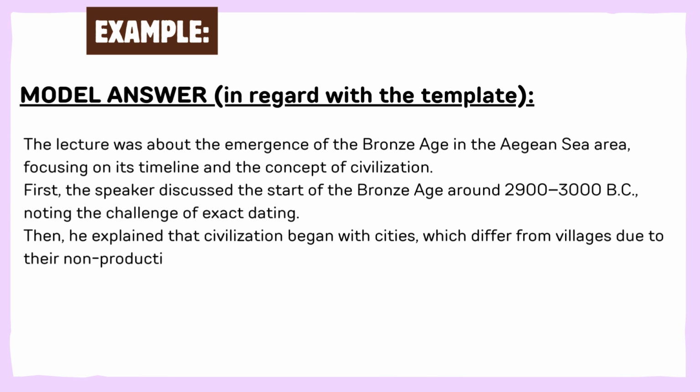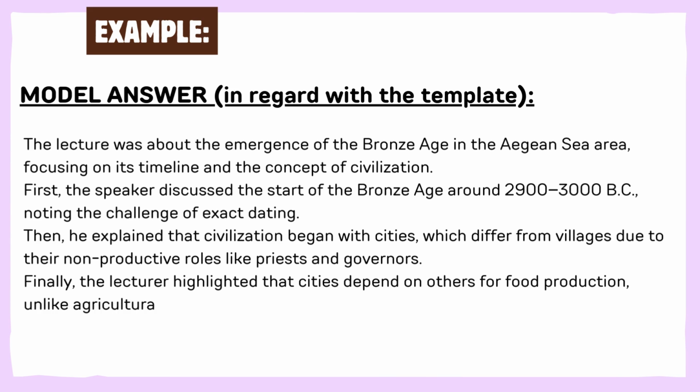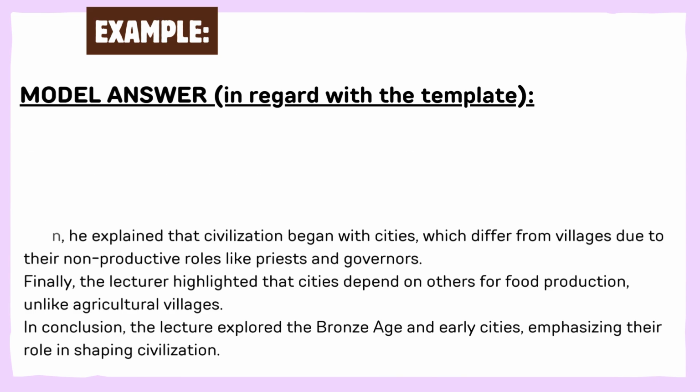Then he explained that civilization began with cities, which differ from villages due to their non-productive roles like priests and governors. Finally, the lecturer highlighted that cities depend on others for food production, unlike agricultural villages. In conclusion, the lecture explored the Bronze Age and early cities, emphasizing their role in shaping civilization.